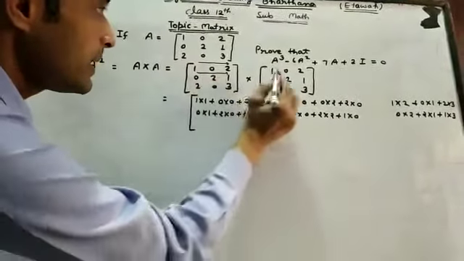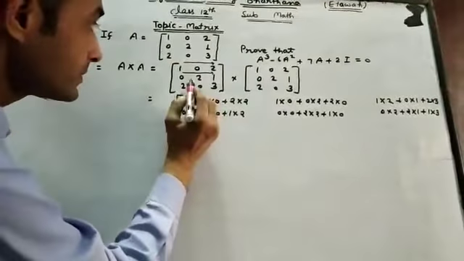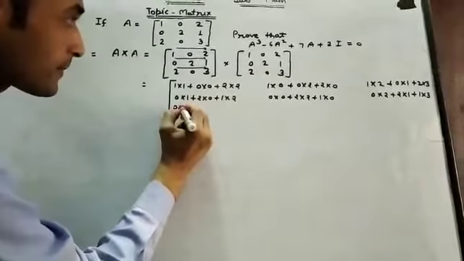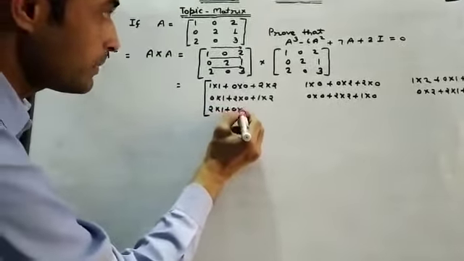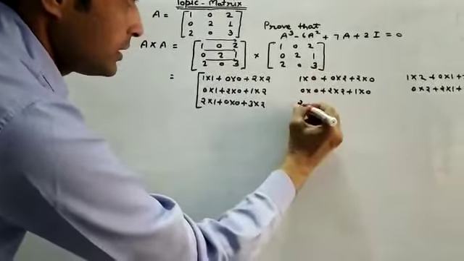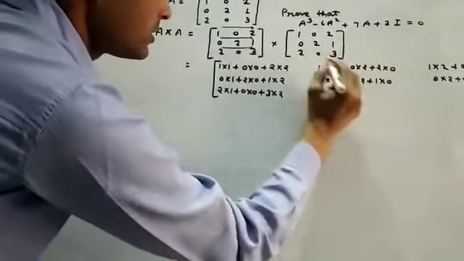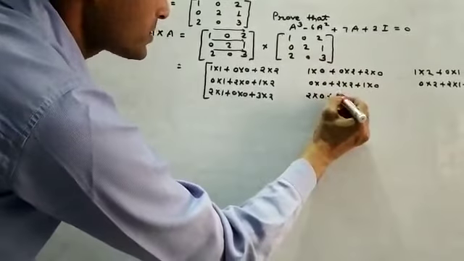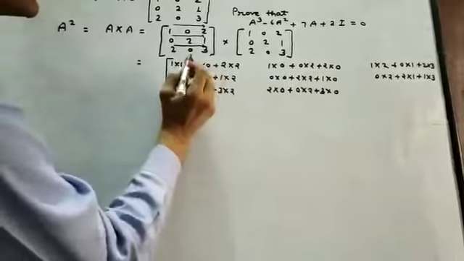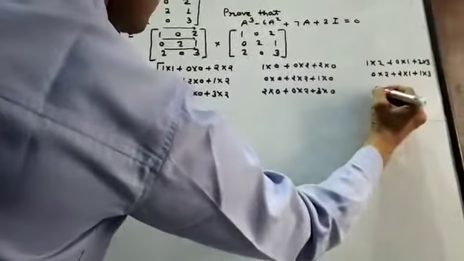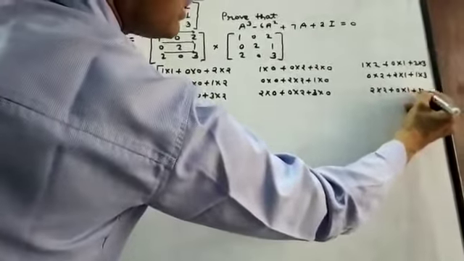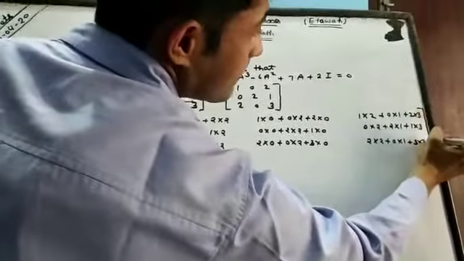Next, the third row: 2 multiply 1 plus 0 multiply 0 plus 3 multiply 2. Again 2 multiply 0 plus 0 multiply 2 plus 3 multiply 0. Next 2 multiply 2 plus 0 multiply 1 plus 3 multiply 3.